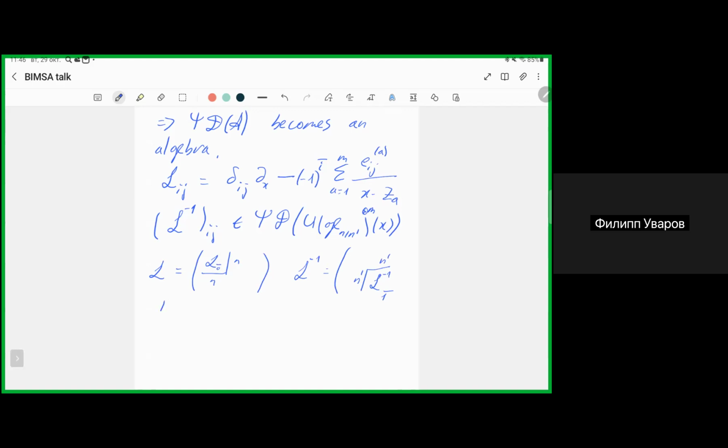And then I define the Berezinian of L to be the column determinant of L0 times the row determinant of L1 inverse.